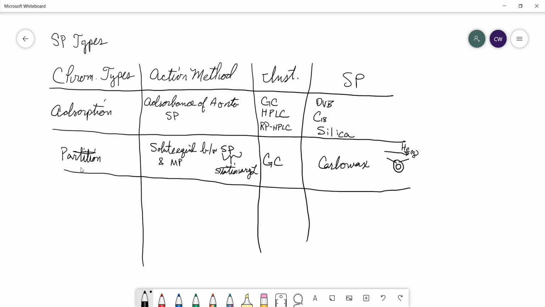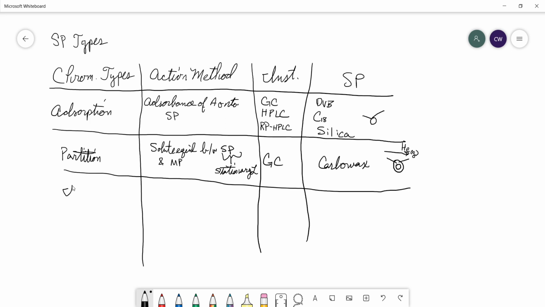So that's partition chromatography. It's different than adsorption chromatography because in adsorption chromatography, we're talking about the analyte sticking to the surface of the particle and then coming out. So there's no penetration of the analyte into the stationary phase particle.